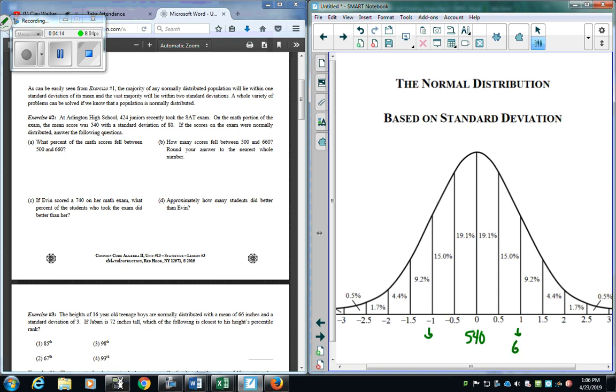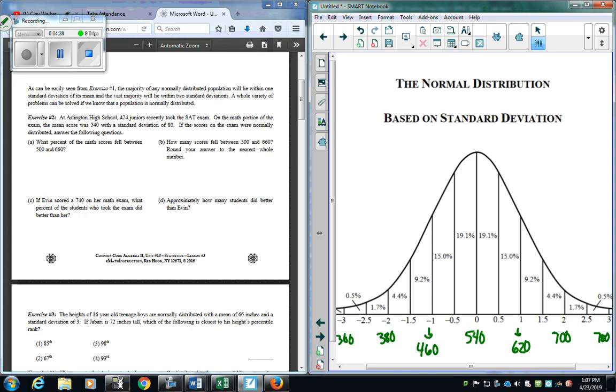So this would be 620, and the other side would be 460. So by adding 80 each time, I can find the next value. So 2 would be 700, -2 would be 380, -3 would be 300, and +3 way over here would be 780.